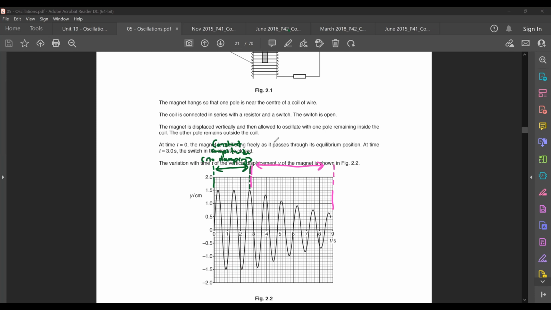This one here, you're going to have decreasing amplitude. There is damping because you can see from here the amplitude is dropping. Unlike the ones before, the amplitude was actually constant.